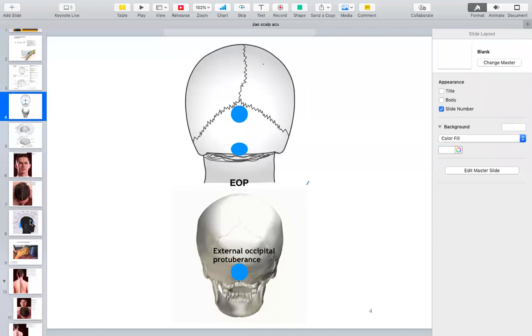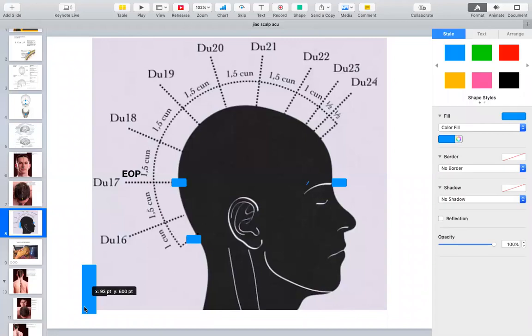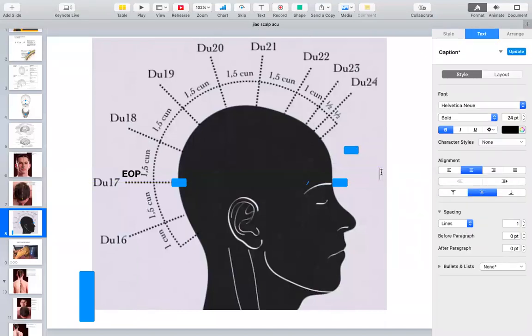So now I'm coming back to this image. If we measure the line from the glabella, the midpoint of the eyebrows, go to the back side and come till the EOP, the total distance is ideally 33 centimeter.